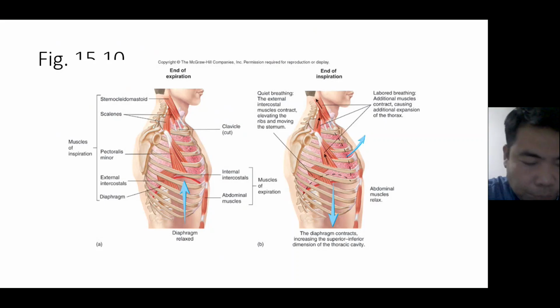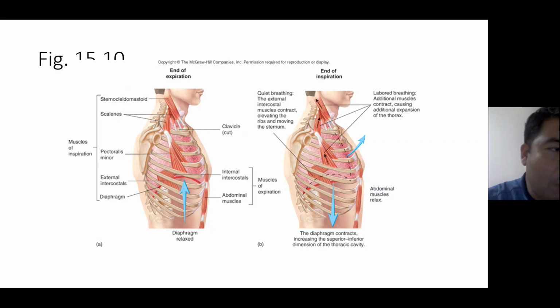Now, ventilation involves the use of the principal muscles for respiration. What are those principal muscles for respiration? Unahin muna natin. The principal muscles for respiration are primarily those that we use for inspiration.